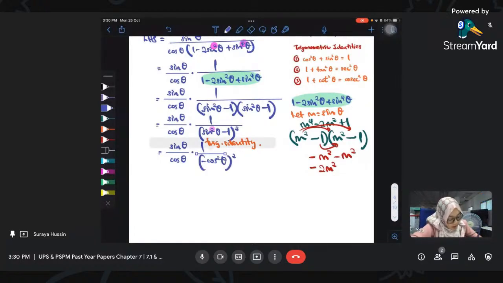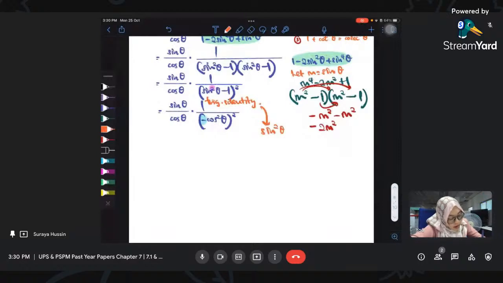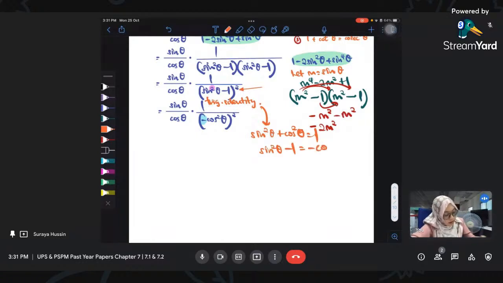Miss, macam mana Miss tahu dia negatif kat luar ni? Sebab by having trig identity means sine squared theta plus cos squared theta is equals to 1. Kenapa 1 pula? Therefore, if your sine squared theta minus 1 over here will be equals to negative cos squared theta.